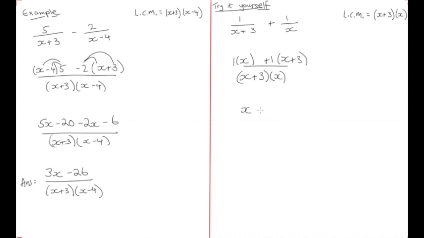So x multiplied by 1 is just x, and then both of these terms being multiplied by 1 will just give us plus x plus 3 over x plus 3 by x. And then we write it again, x plus x is 2x plus 3 over x plus 3 by x. And that's our answer.